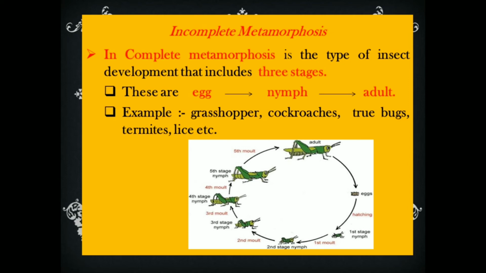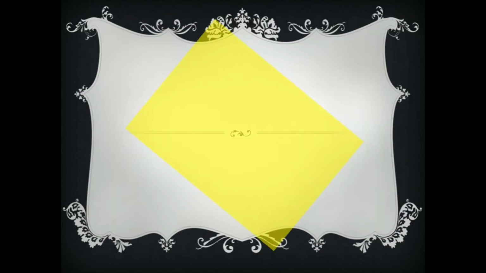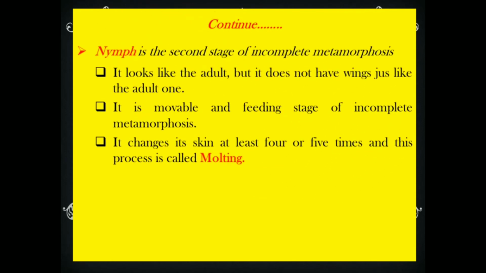And here also you can see that the nymph looks like its adult. The nymph looks like the adult, but it doesn't have wings just like the adult one, and also it can move, it can feed.